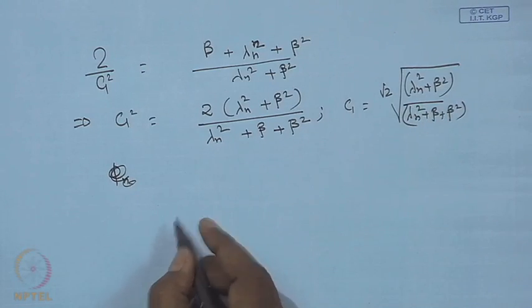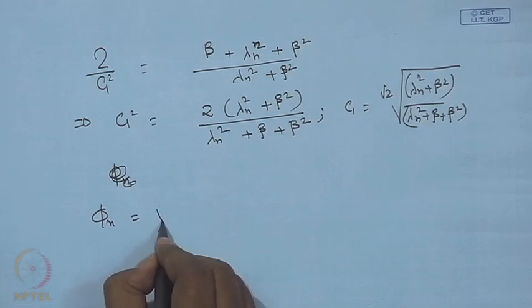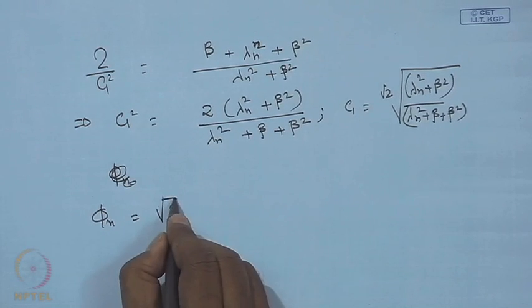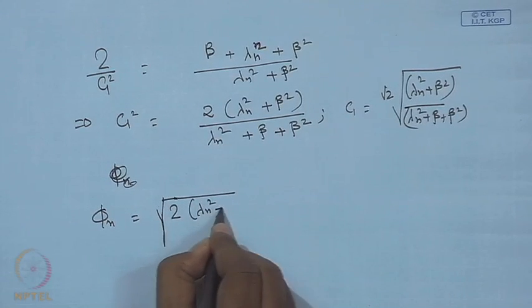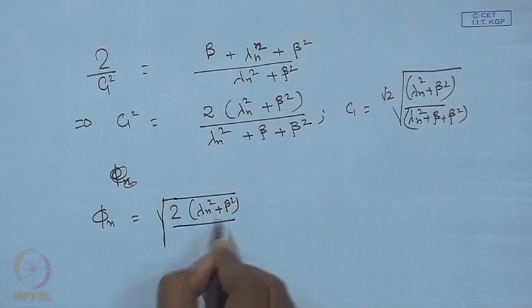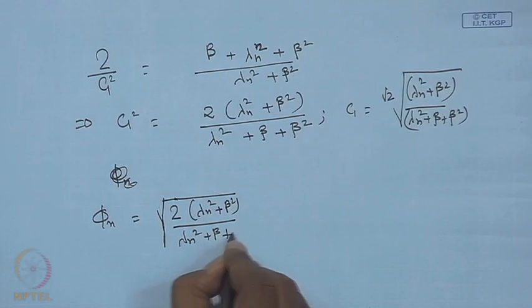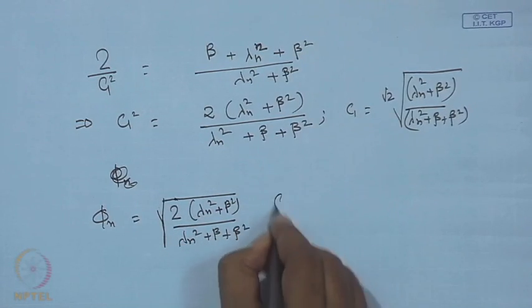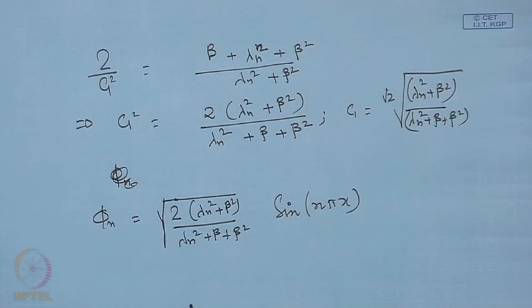So, that is the constant. So, eigenfunction becomes root over 2 lambda n square plus beta square divided by lambda n square plus beta plus beta square, sin n pi x in this particular problem.